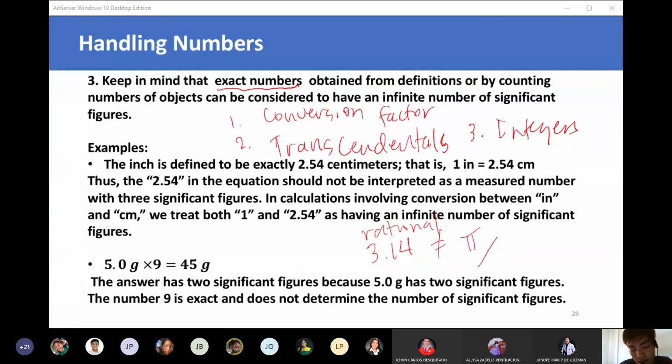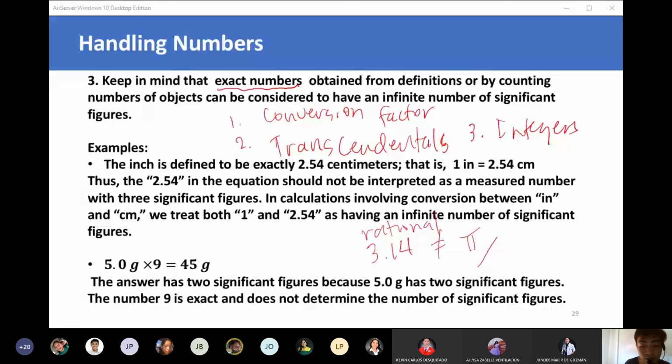But pi is never ending, and hence we cannot approximate it very much, and we cannot write it as a fraction. Since it has an infinite number of significant figures because it is an exact number, we will disregard it. Hindi porket nag-multiply sa pi, you will report all the digits all the way. You don't mind the pi na lang.